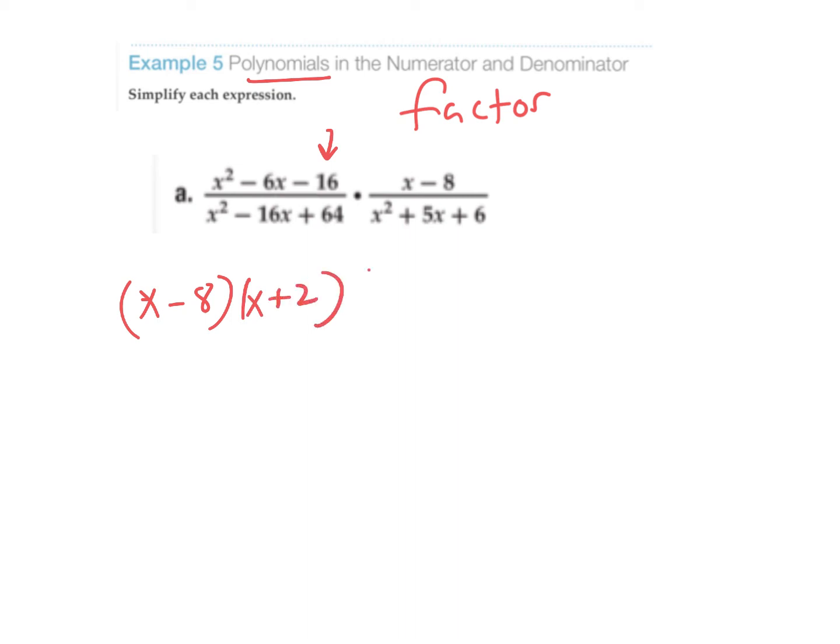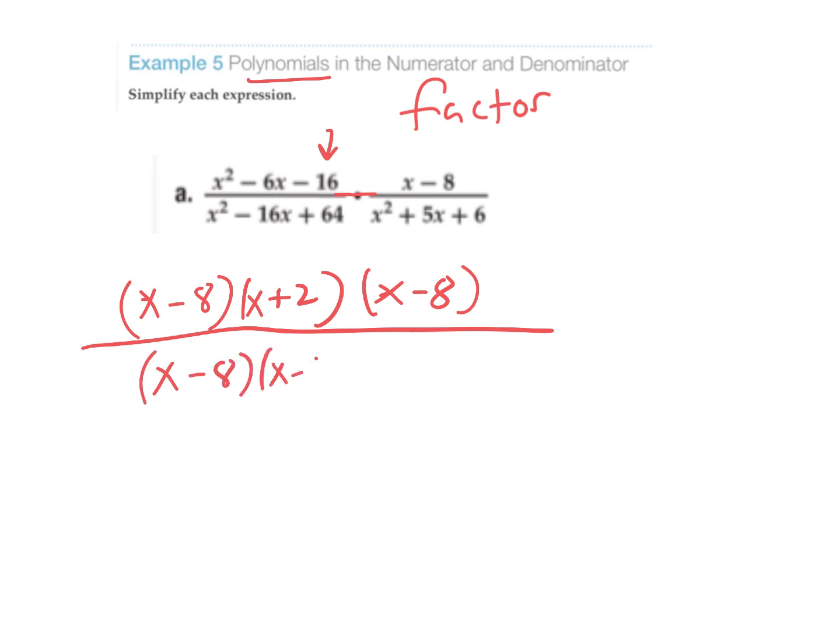X minus 8 is already factored, so there's our numerator, and then our denominator. Remember, multiplication is just simply an extension of fractions. So my denominator, I'm going to factor the bottom, and that's going to be x minus 8, and this is x plus 3 and x plus 2.